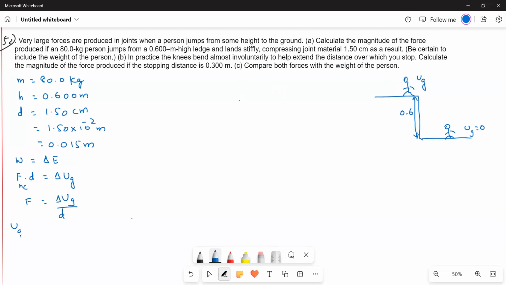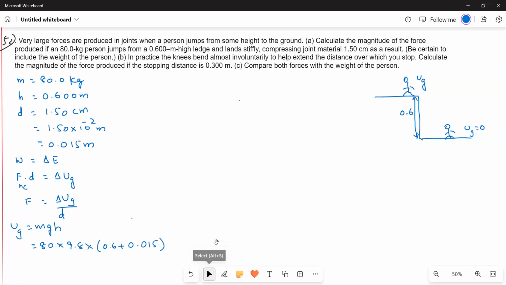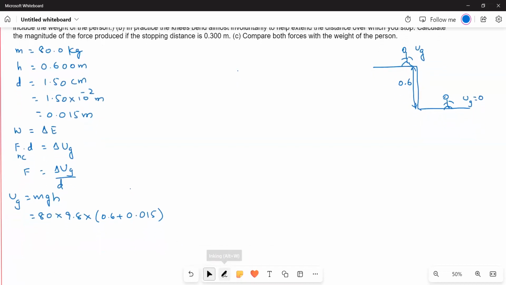Now you know UG is equal to mgh. Okay, here what is the value? M is 80 kilograms, and G I am taking 9.8, and H I will take 0.6 plus 0.015. I will not write like this. Only UG I will write, and then the F bit I will write here.